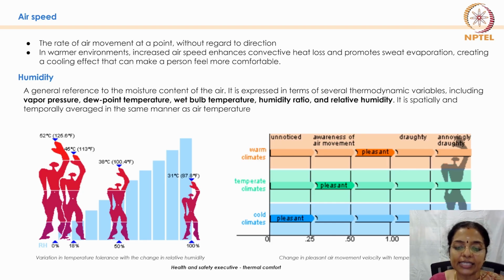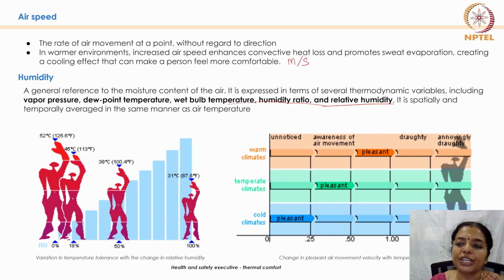Now let us understand humidity. A general reference to the moisture content of the air is called humidity. It is expressed in terms of several thermodynamic variables including vapor pressure, dew point temperature, wet bulb temperature, humidity ratio and relative humidity. Whereas air speed is normally measured in meters per second.